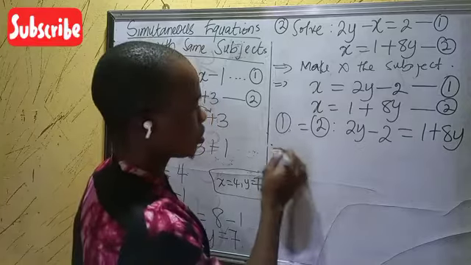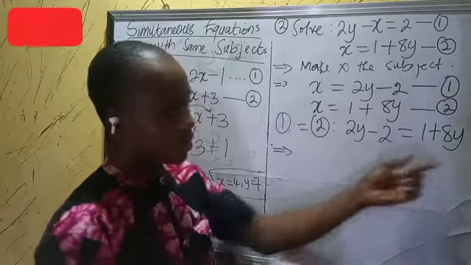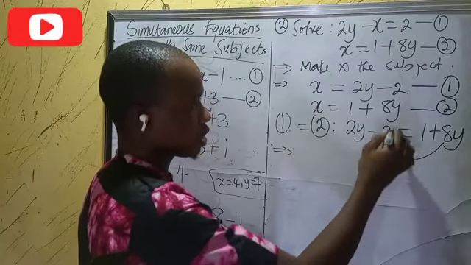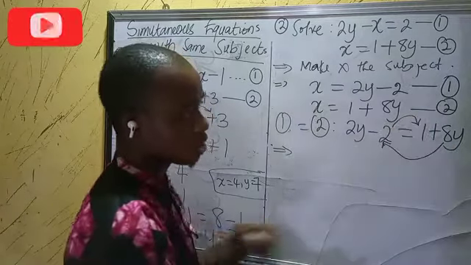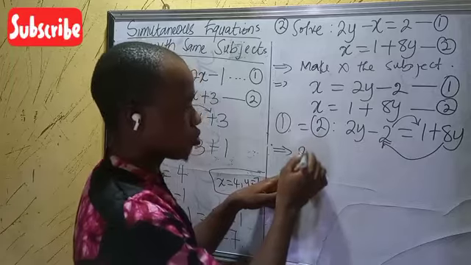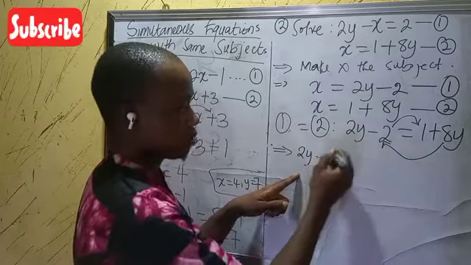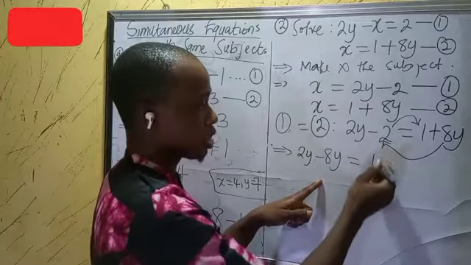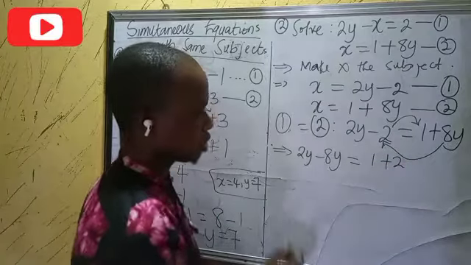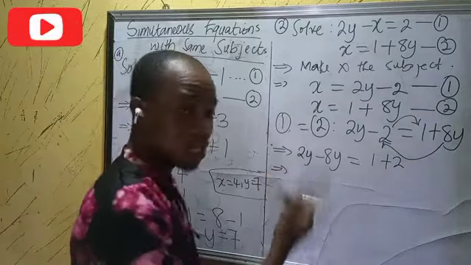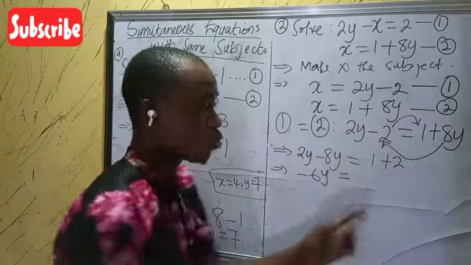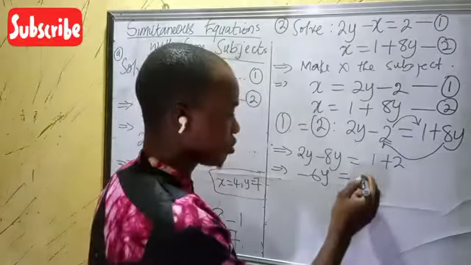So we go further by collecting the like terms. This is coming down here and this is coming here. So now 2y minus 8y equals 1 plus 2. From there, 2y minus 8y gives us minus 6y, equals 1 plus 2, which gives us 3.